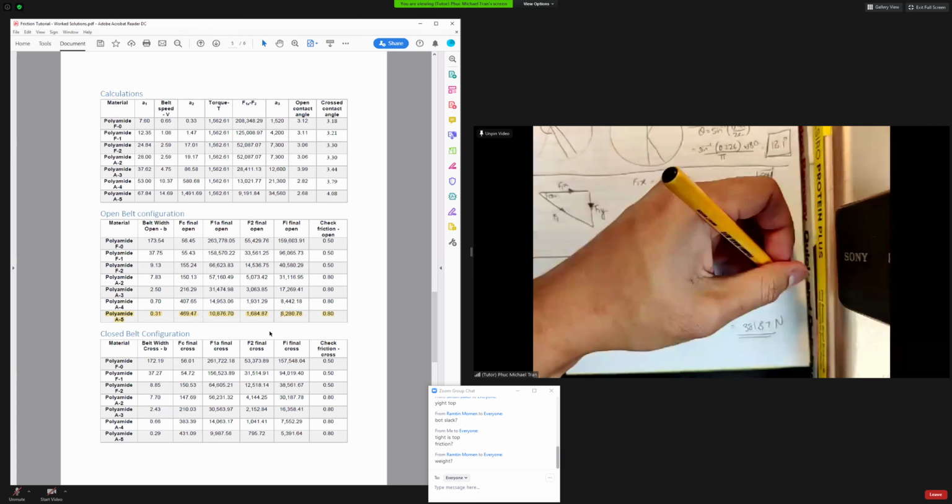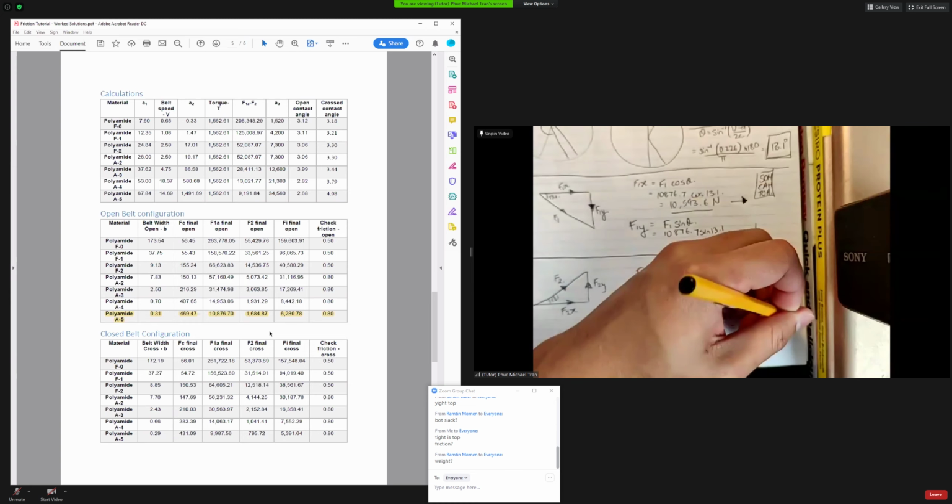And that's going left, and this is going up.